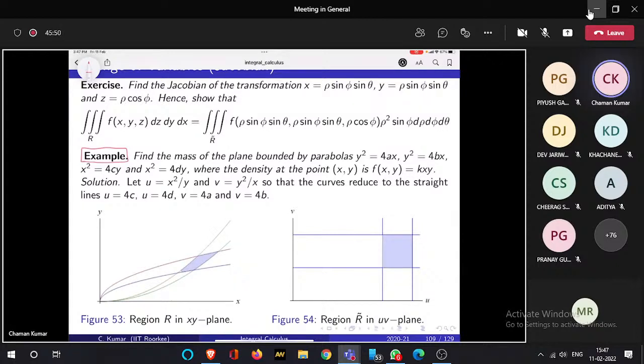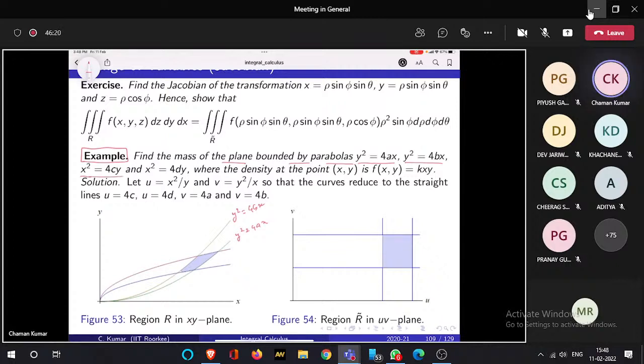So we have to find the mass of the plane bounded by the parabolas y square is equal to 4ax and y square is equal to 4bx. You have two parabolas, y square is equal to 4ax and y square is equal to 4bx. Let's say this is y square is equal to 4bx, and this green line is the parabola y square is equal to 4ax.